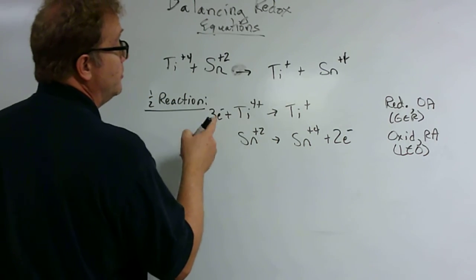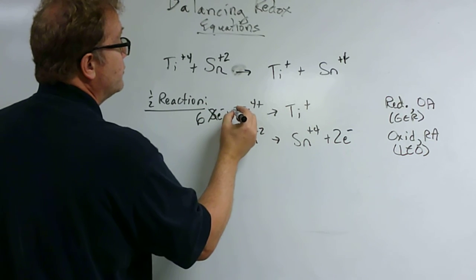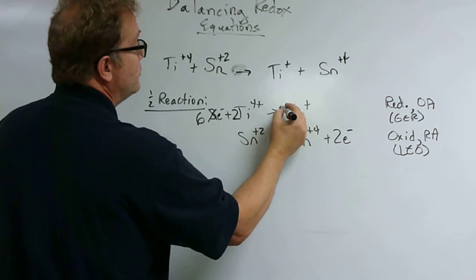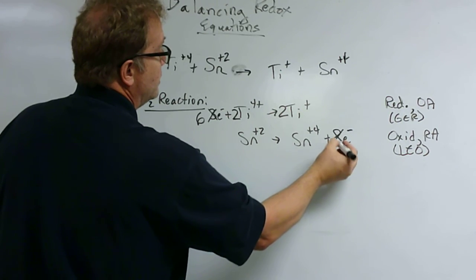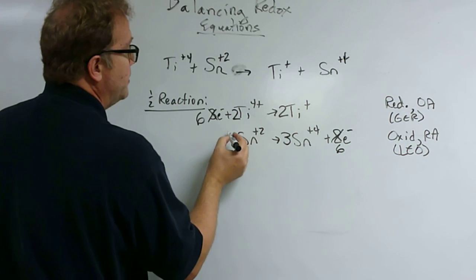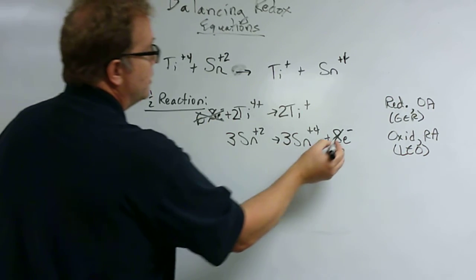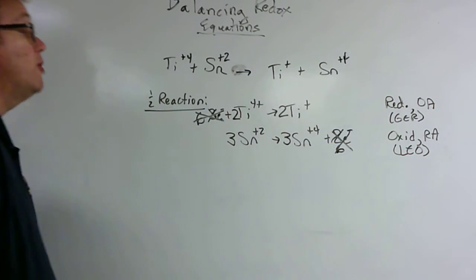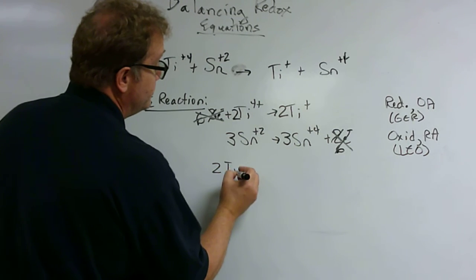So in order to make this equal to this, I multiply by 2 to make it 6. Multiply by 2, multiply by 2. And this one I have to make it equal to 6. So I'm going to multiply by 3, multiply by 3, multiply by 3. My electrons are now equal. I'm going to rewrite the whole equation.